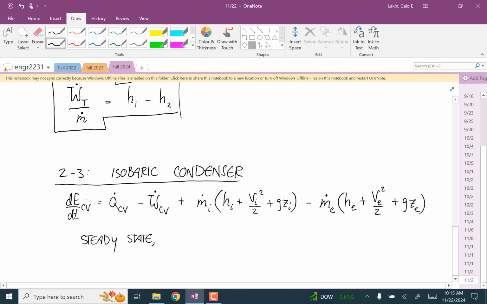We're going to assume that this condenser is just a rigid-walled container. There's no power coming in or out, so we're going to assume that W dot is equal to 0. And we're going to assume there's no change in kinetic energy and no change in potential energy.